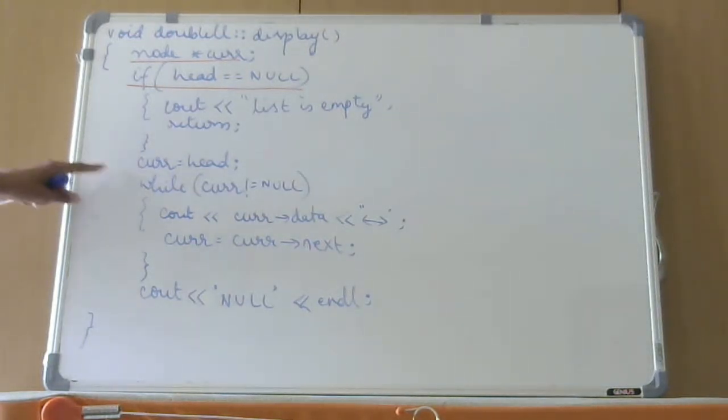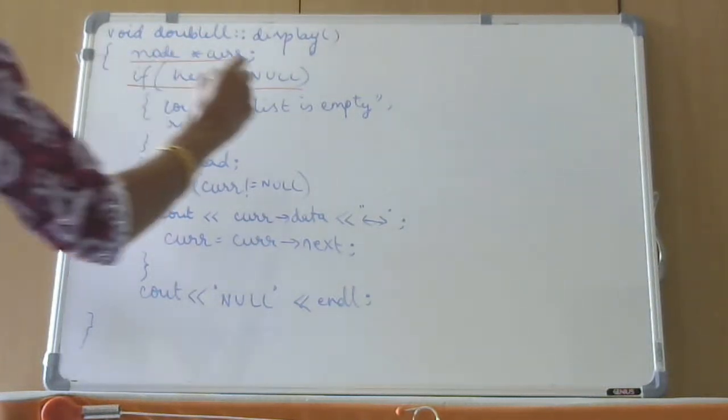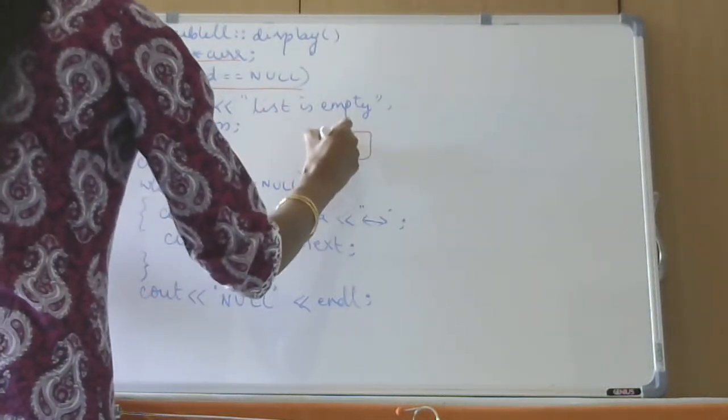Otherwise, the list already exists with some nodes, and I want to display everything. So let me take an example of a doubly linked list.